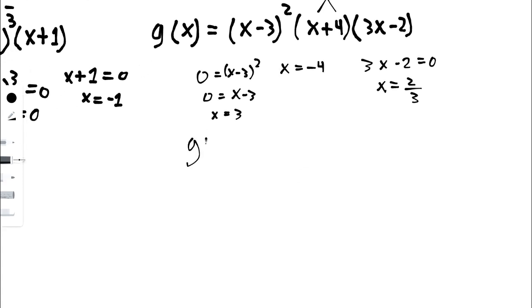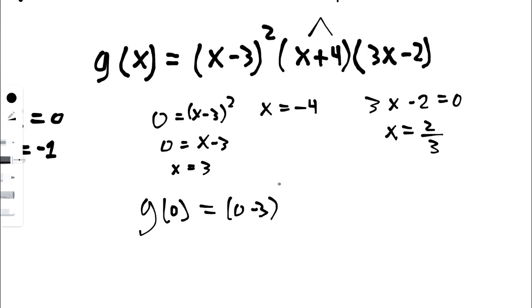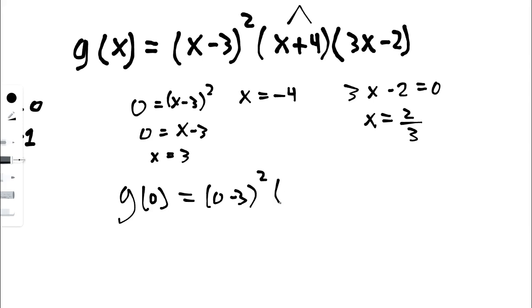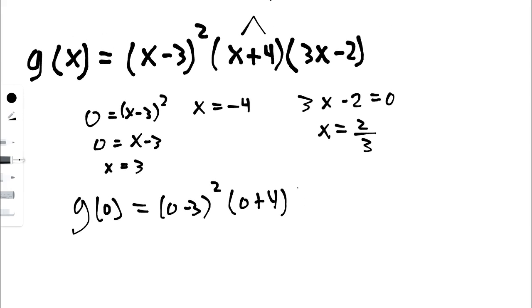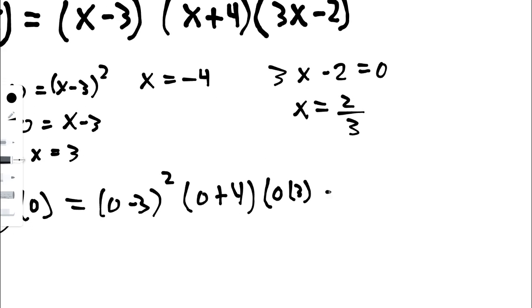So g of 0 equals 0 minus 3 squared, and then 0 plus 4, 0 times 3 minus 2.